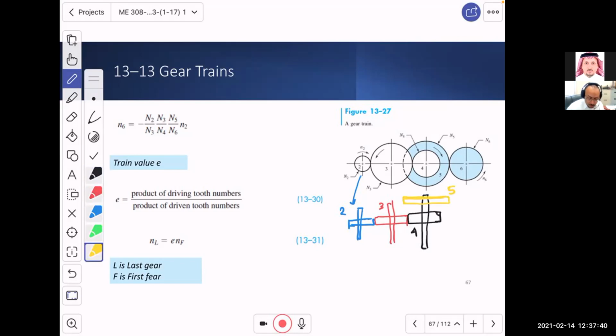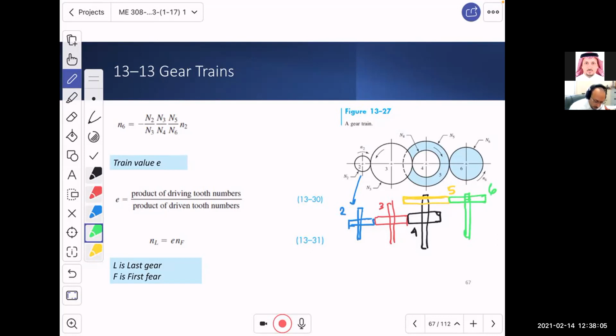When gear number 5 and 4 rotate, they have the same RPM, but they have different radii. Okay? And finally, we have gear number 6 over there. So gear number 6 is finally engaged with 5. Do you see this? That's how the stepping is happening.